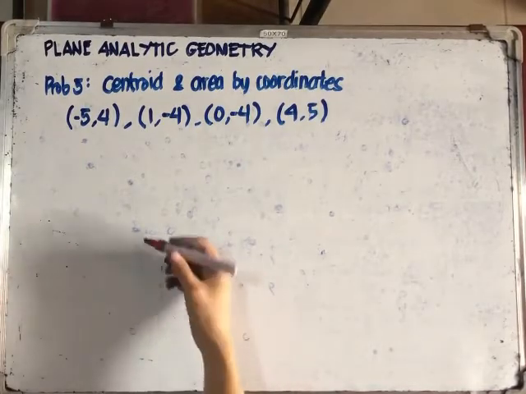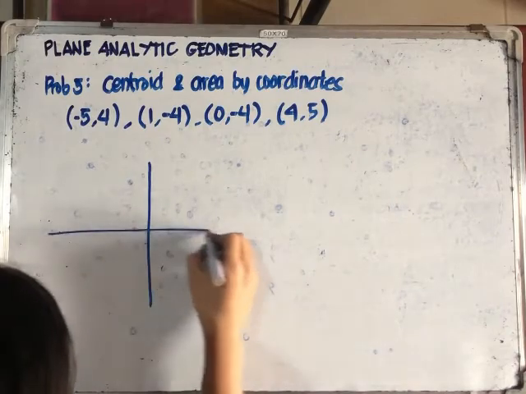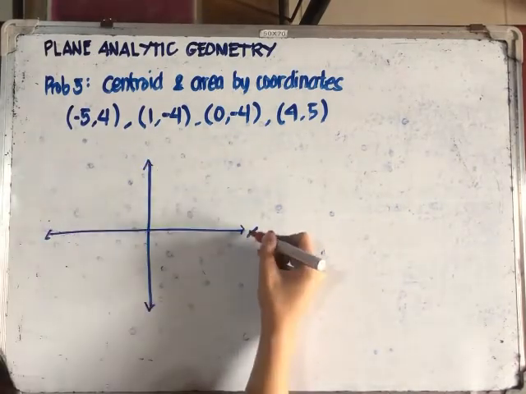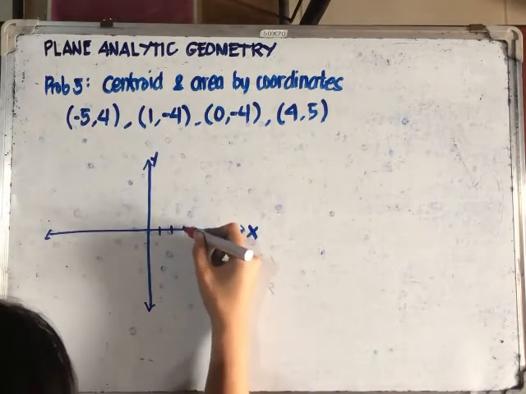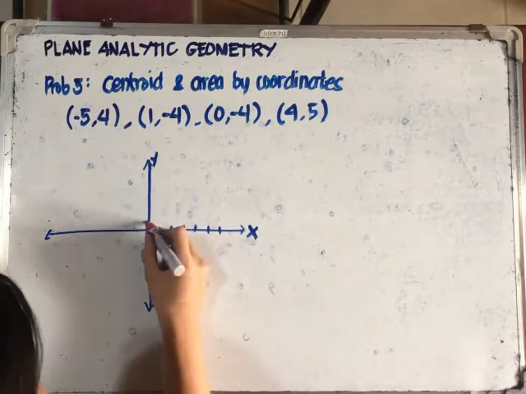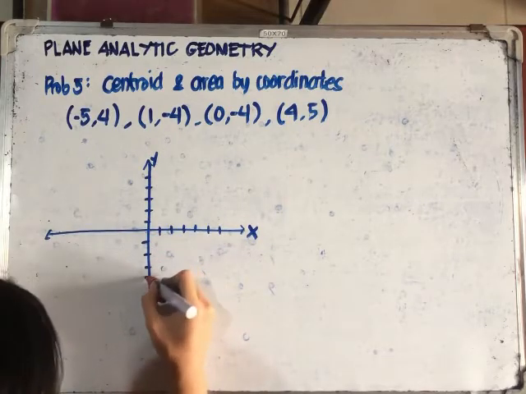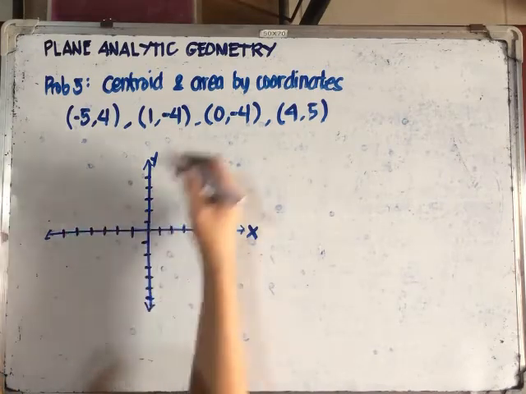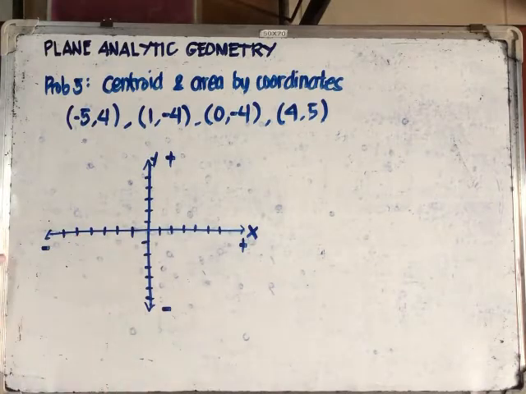Alright, so the first thing that we need to do is to plot these points so that we would know how it is located on our Cartesian coordinate plane. So this is xy, and let's put some incremental ticks here. Okay, positive y, positive x, negative x.